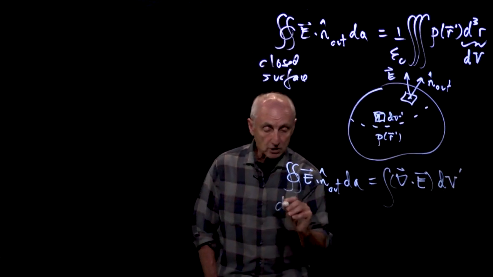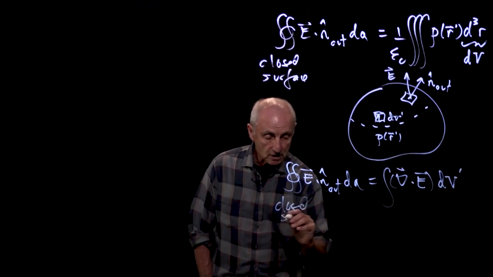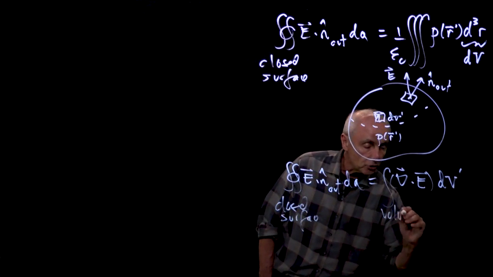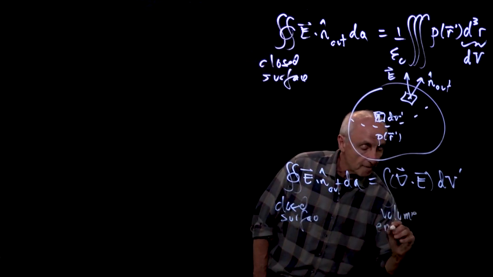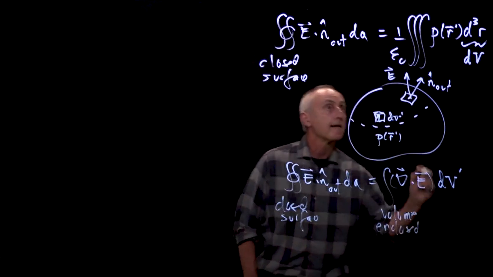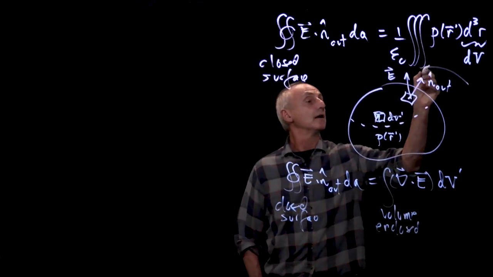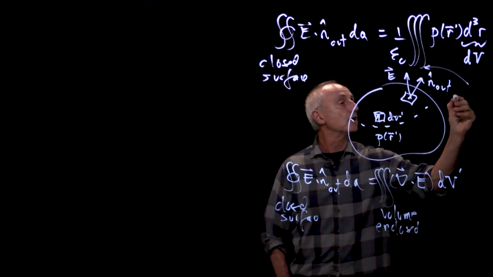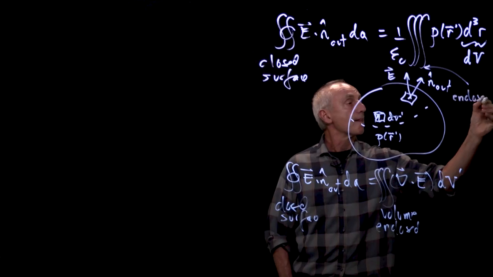So once again, we have a closed surface, and we have a volume enclosed. Here I could make 3 integral signs for the volume. That's the enclosed volume.